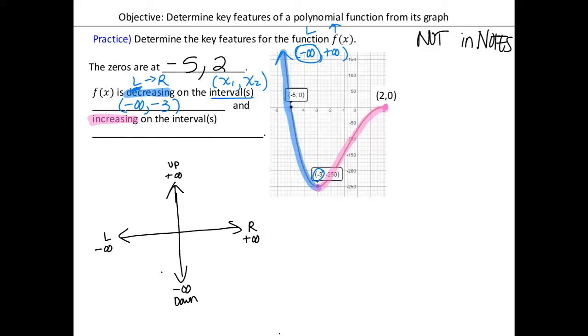Okay. So for the increasing interval, I'm looking at x1 and x2. They're both x's. From the start of the pink to the end of the pink, we're looking for x values. So go ahead, righties, tell your partner from the start of the pink to the end of the pink, what are the x coordinates there for your interval?